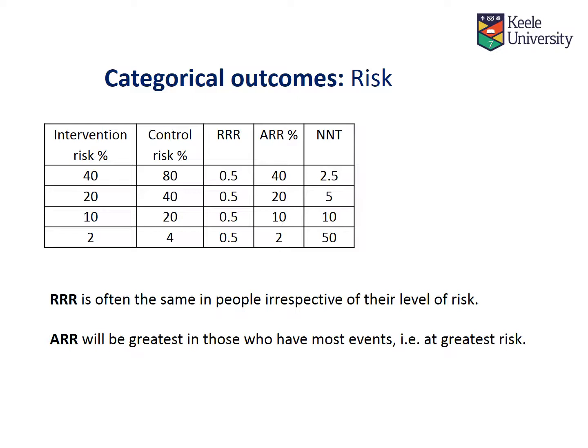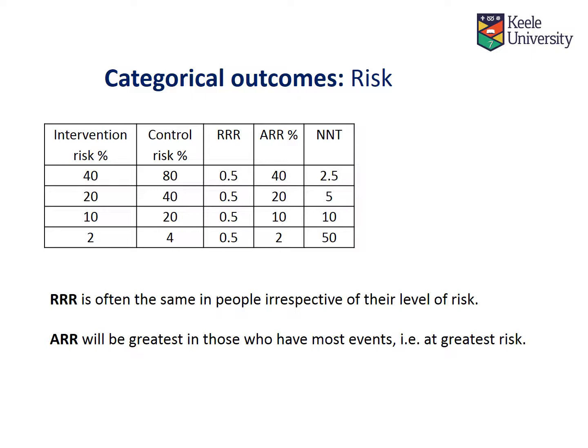We still have a relative risk reduction of half, 0.5. And if you drop to 2 and 4, you'll get the same. The point here is that the relative risk reduction or risk ratio stays exactly the same no matter how the overall risk proportion is, as long as they stay comparable.